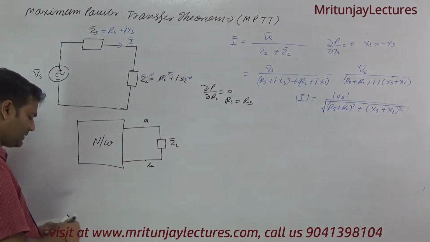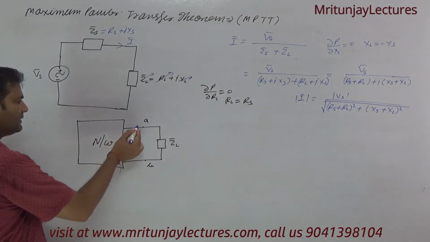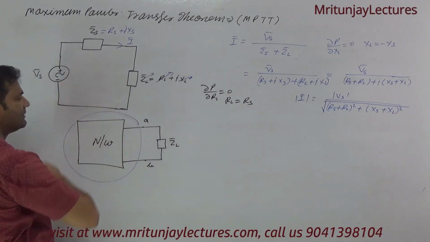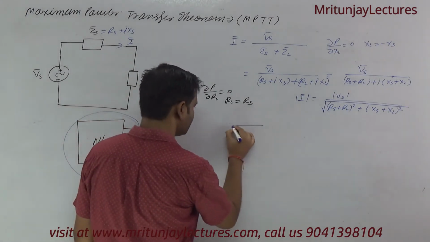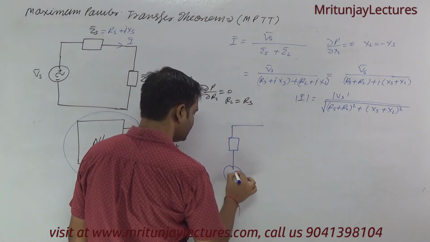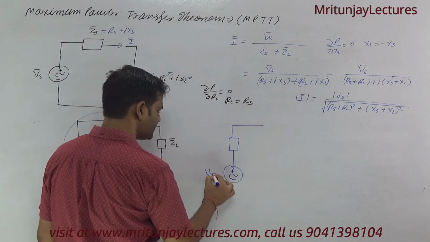First of all, make this circuit like that: this is ZS and that is plus minus VTH.